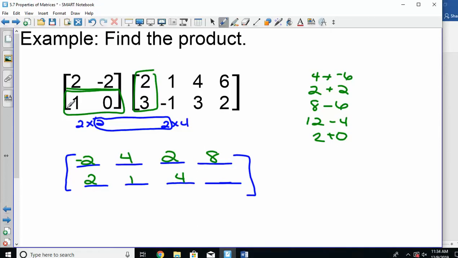Row 2, column 4, 6 times 1 is 6, plus 0 is 6. Is that okay?